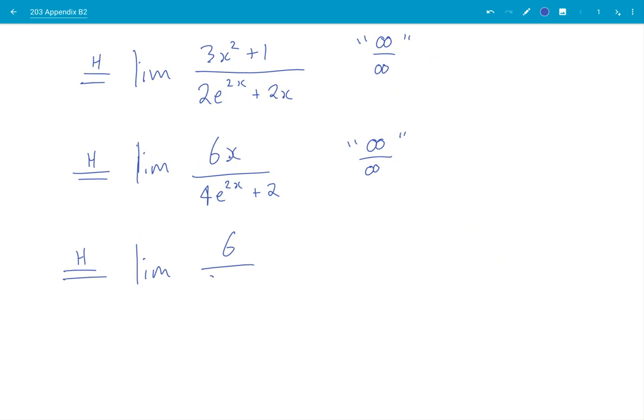Six over 8e to the 2x, which is now 6 over infinity. So that's no longer confusing. That's just 0. Okay, pause and copy all that down.